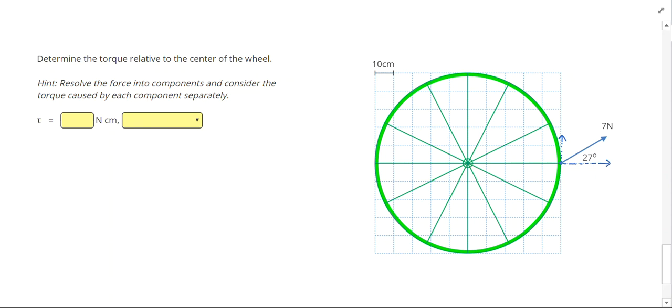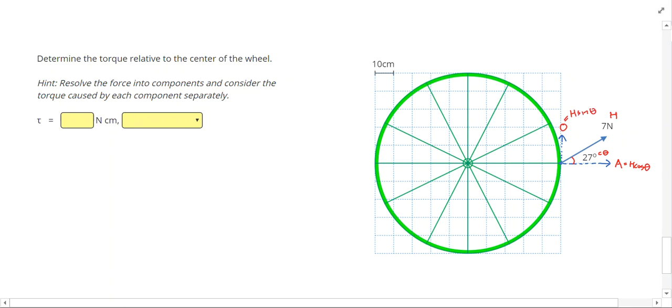Alright, so labeling my sides H. My angle is theta. I always know my angle touches my adjacent side, so H, O, and A. I can go ahead and use the equation A equals H cosine theta, and O equals H sine theta.